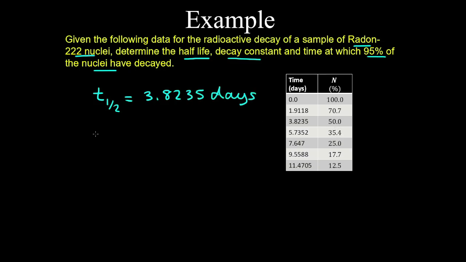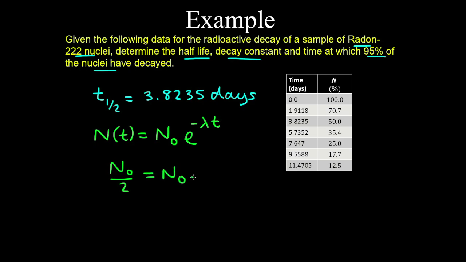And recall the expression for the number of nuclei at time t is equal to the initial number of nuclei by an exponential term to the power of minus the decay constant by time t. And given that we have the half-life, we have half of the nuclei remaining at t1/2.